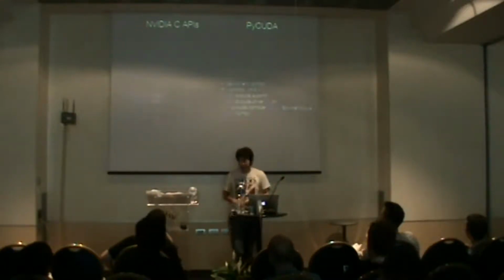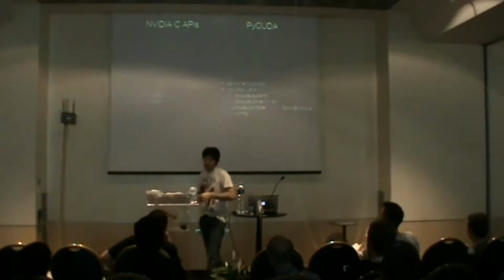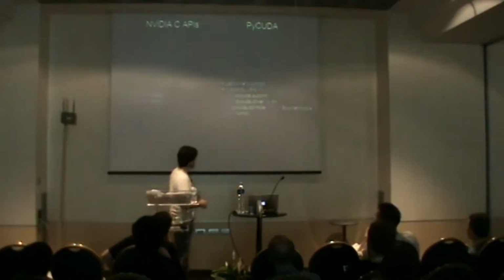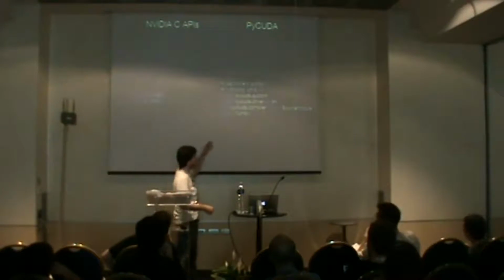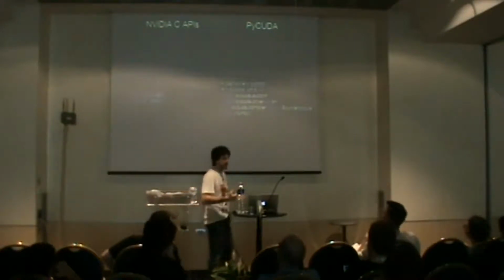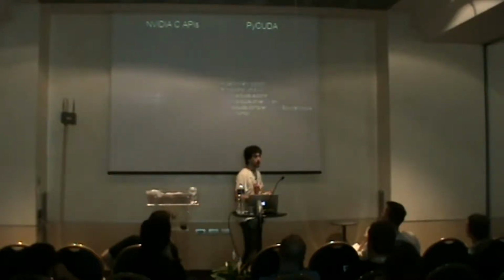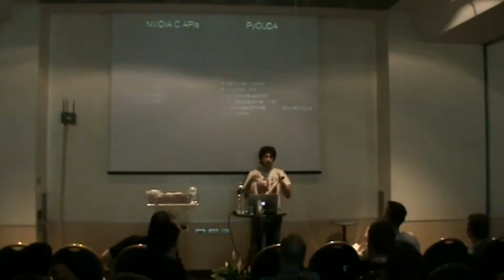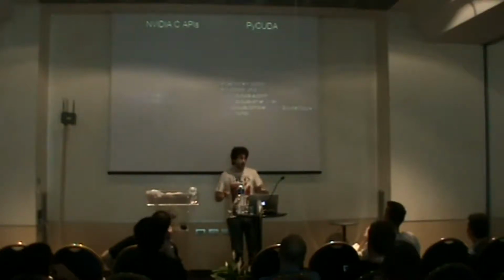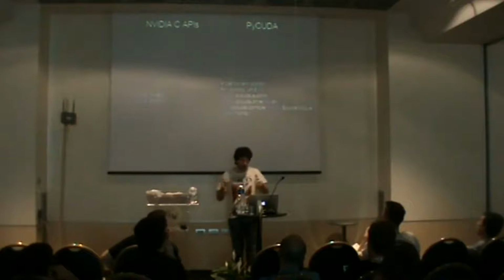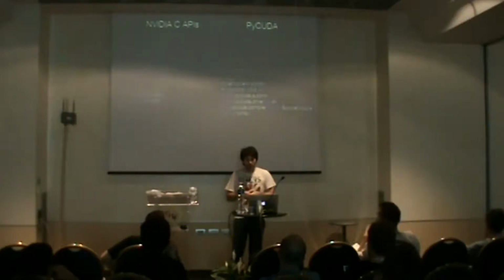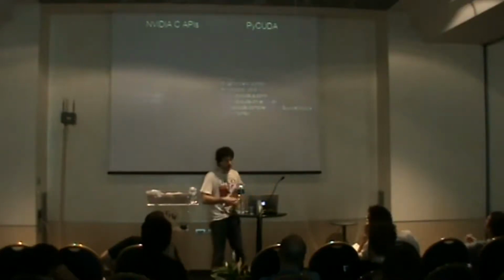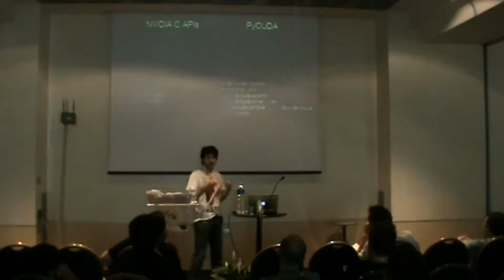Now we zoom in starting from the top. The first part in both programs is dedicated to the includes and the imports. In the Nvidia C API program, we just need to include the cuda.h header to write our CUDA programs. In the PyCUDA program, we have to import some modules.